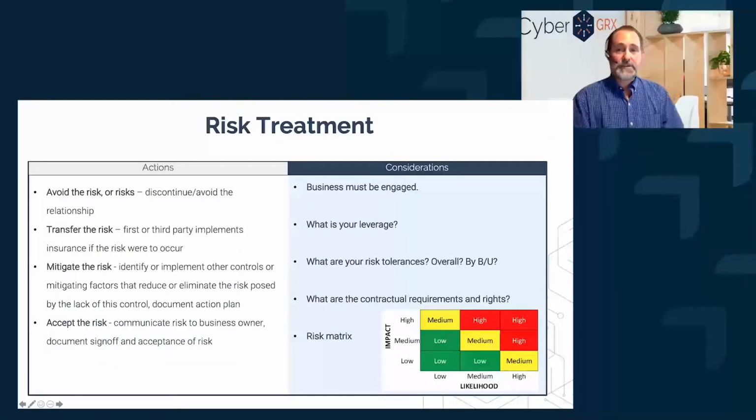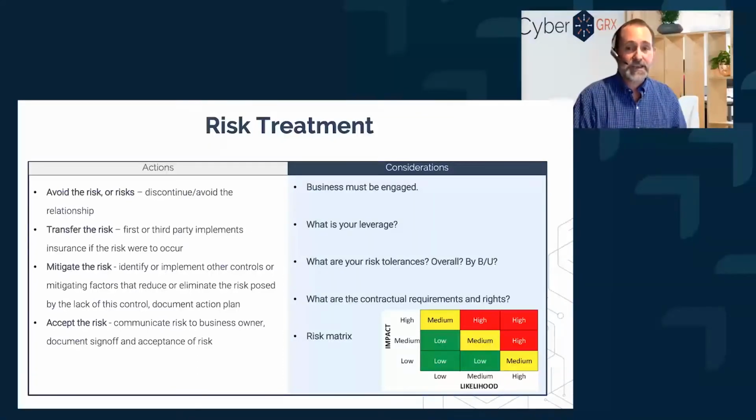And finally, risk treatment. The consideration, let's start with the consideration side. Your business must be engaged and they have to support you based on the treatments that you're going to recommend. What type of leverage do you have? Is it pre-contract so that you can force the third party to put something in place before you put the contract in place, or renegotiation?